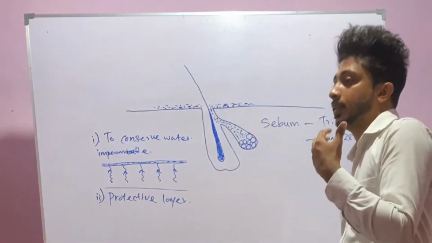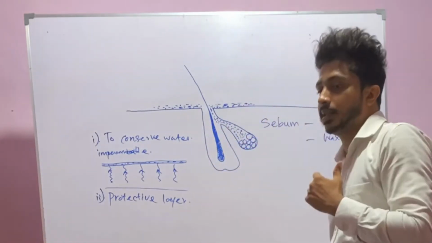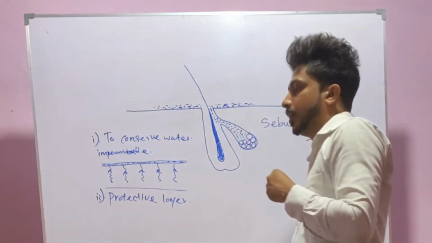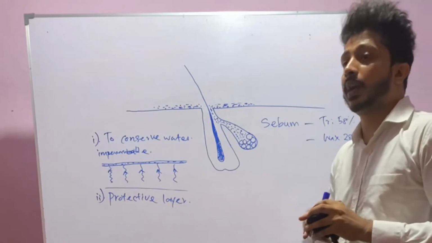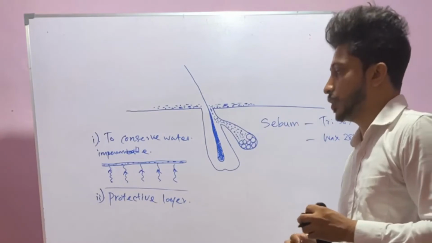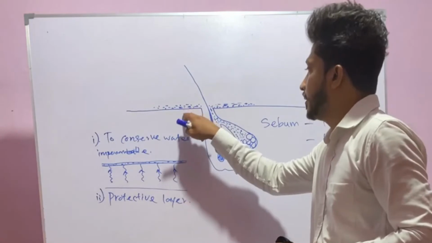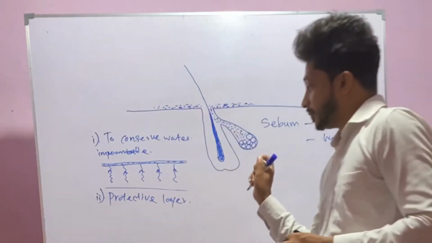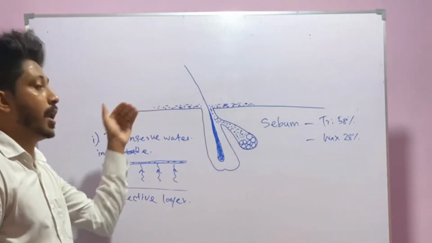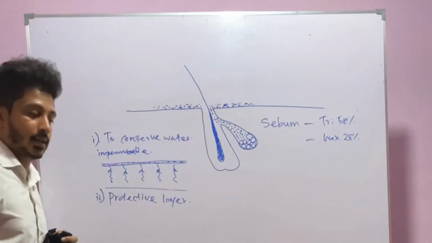In the environment we have dust and other particles, and they can damage our skin on the face. This lipid layer also acts as a protective layer which does not allow damage to our skin. So those are the two advantages of this lipid layer.